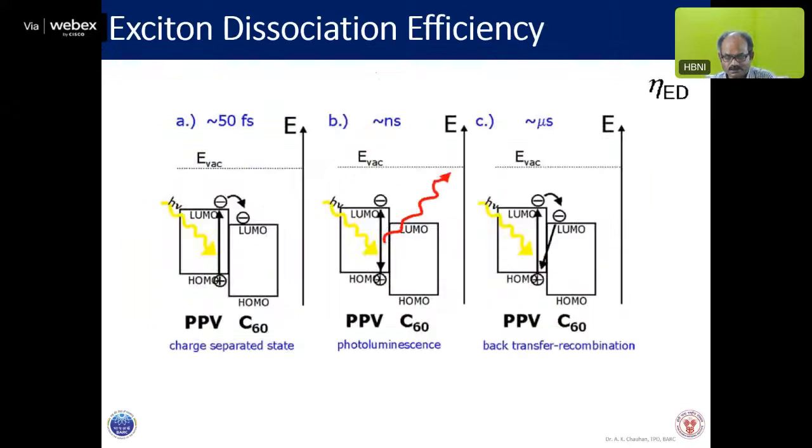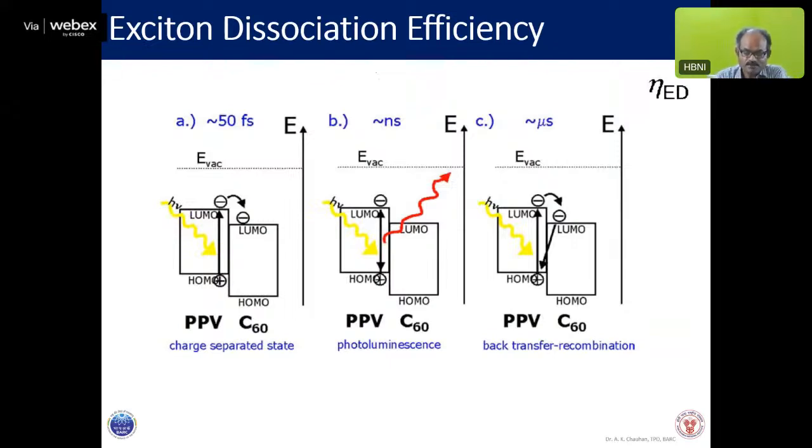So it is not that you can always use a low band gap material, or select a material in which the HOMO of one and LUMO of the other are very close to each other. You can have efficient electron transfer or better exciton dissociation efficiency, but still, because of less voltage, it will not be very useful to you.